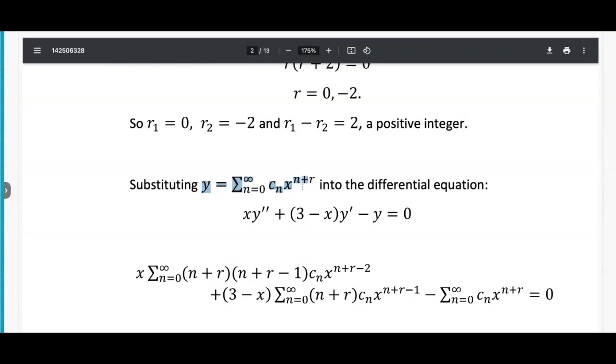So we are just thinking of a solution, in this case, y as a power series, where the leading degree is n plus r.